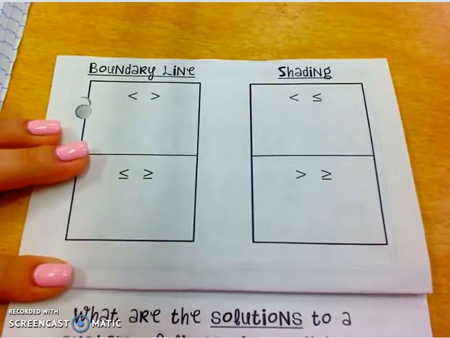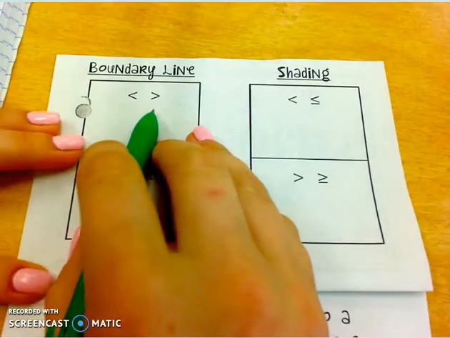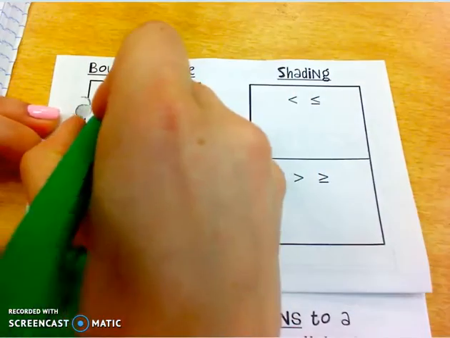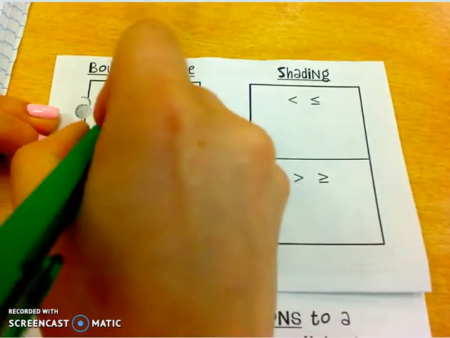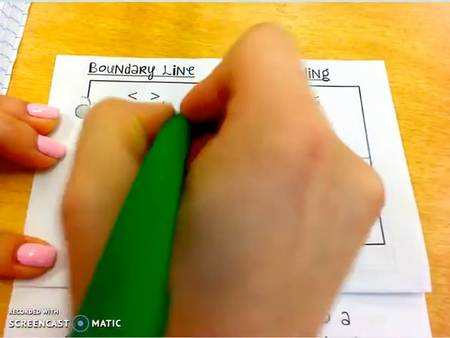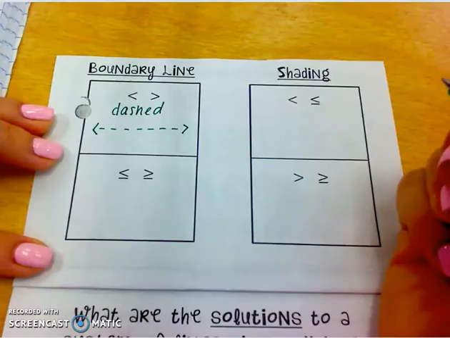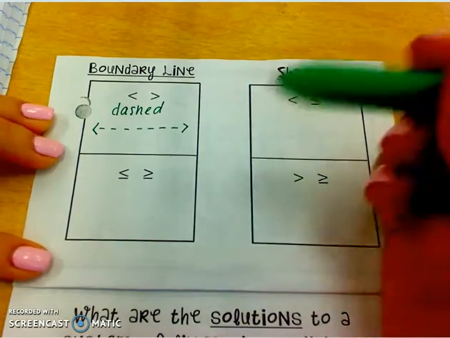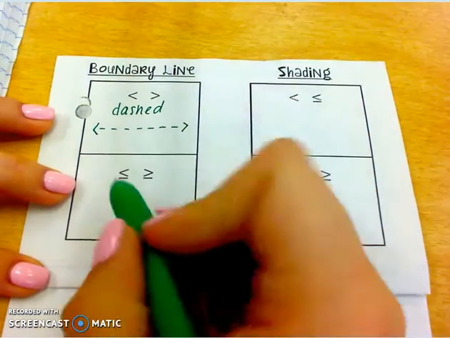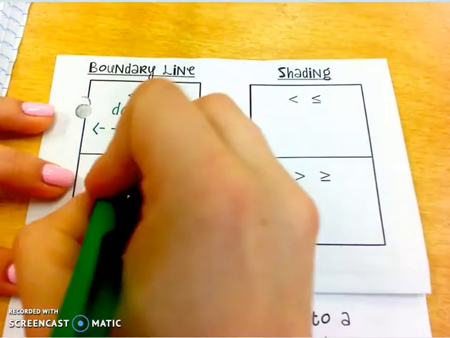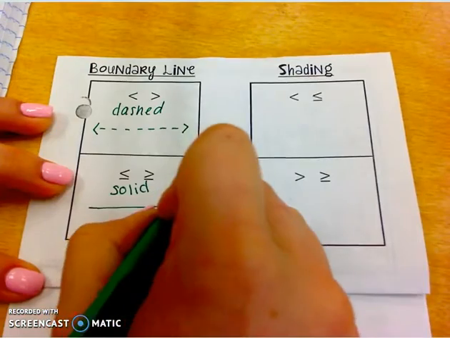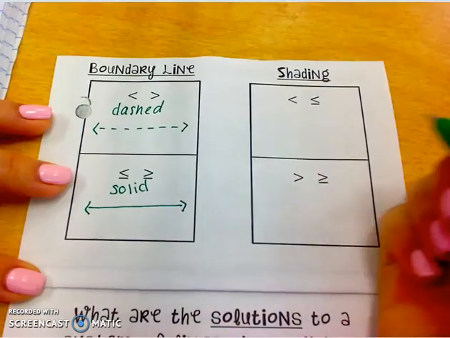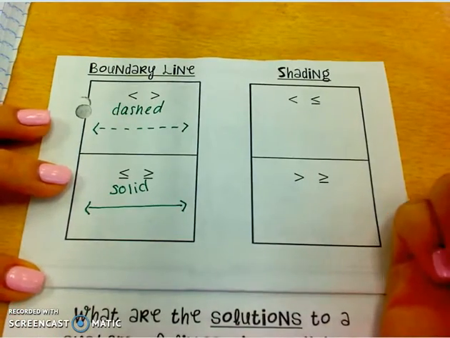If there is a less than or greater than sign, the line itself is dashed, because it doesn't include the points on the line. If it is less than or equal to or greater than or equal to, it is a solid line because it does include the points on that line.